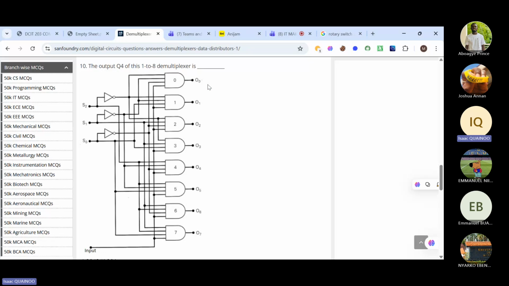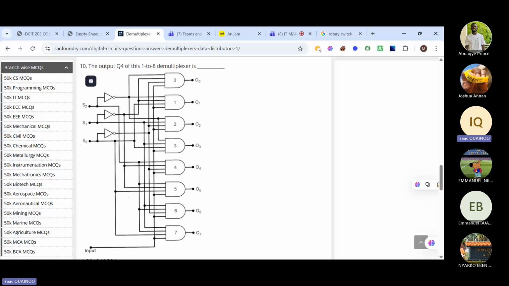All right, so let me just state the reason why. The reason is that a demultiplexer routes one input to many output mediums. So you literally do not have just one option for outputs; the options are going to be multiple.